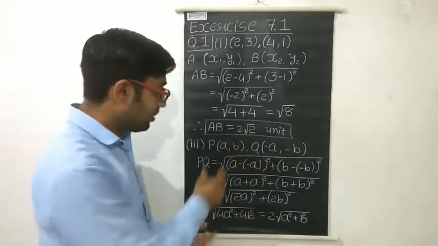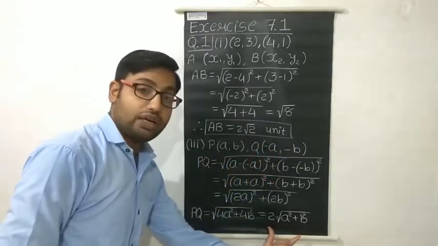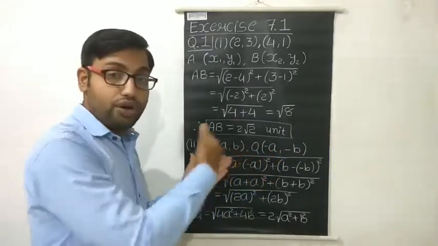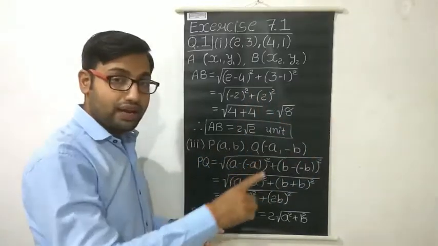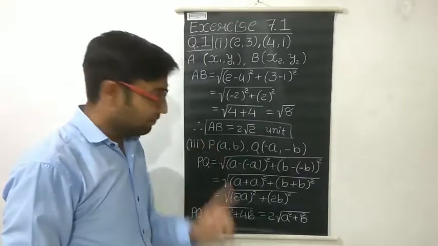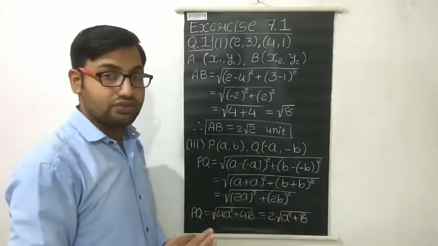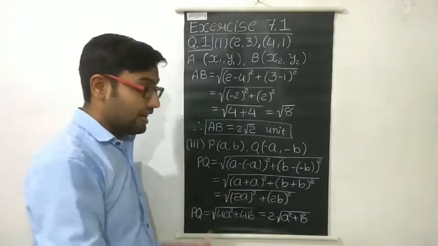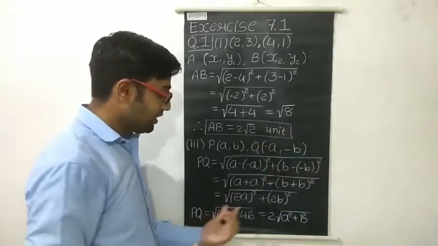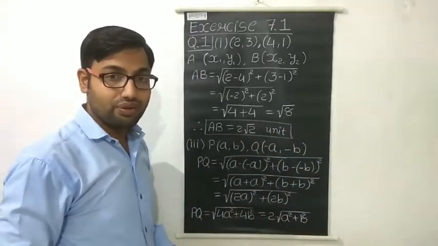Then directly we can write it, the distance between 1, 2 and minus 1, minus 2 is what? 2 in the bracket, 1 square, that is 1, plus 2 square, that is 4. 4 plus 1, that is 5. So the distance between the points 1, 2 and minus 1, minus 2 is 2 under root 5. Okay.